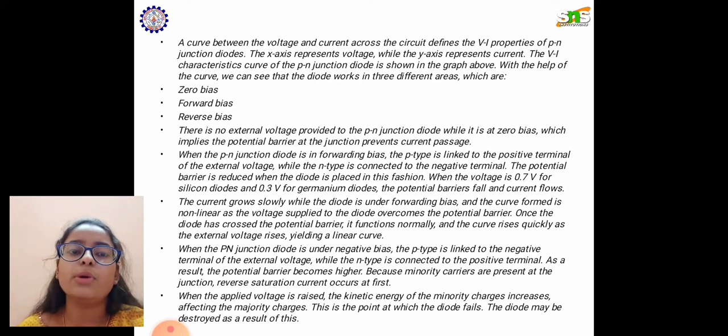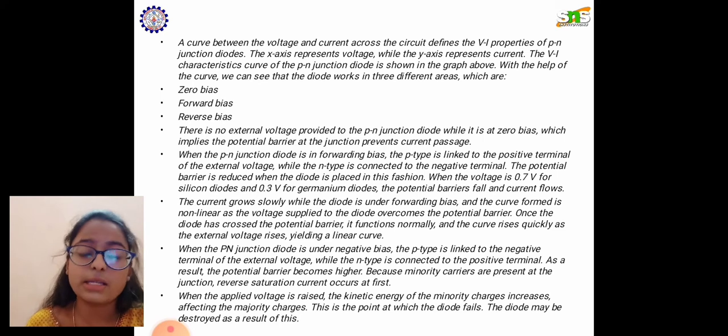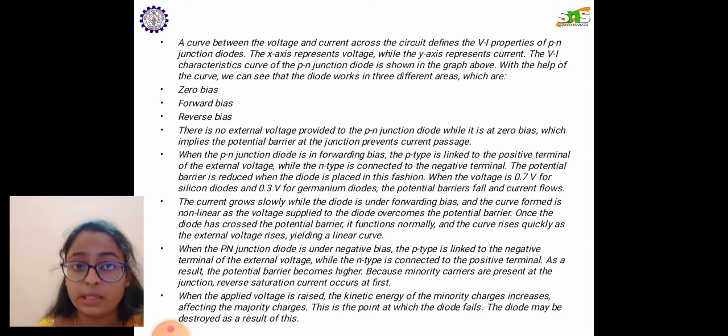As a result, the potential barrier becomes higher because minority carriers are present at the junction. Reverse saturation current occurs at first. When the applied voltage is raised, the kinetic energy (KE) of the minority charges increases, affecting the majority charges. This is the point at which the diode fails. The diode may be destroyed as a result of this.